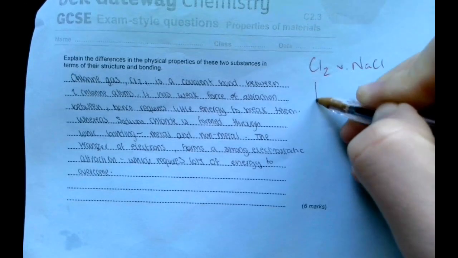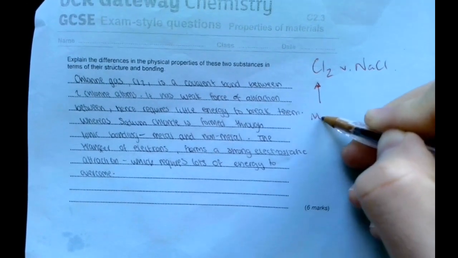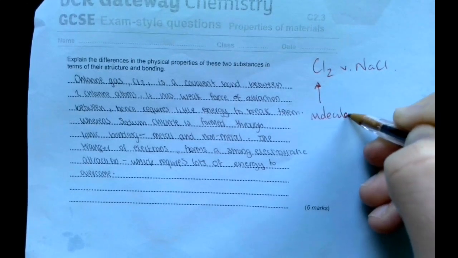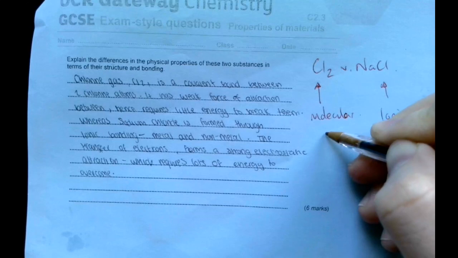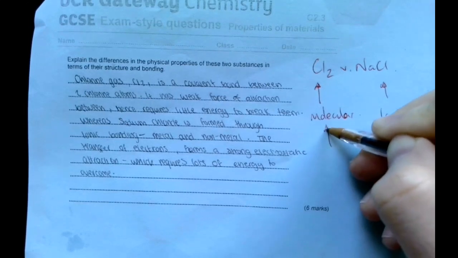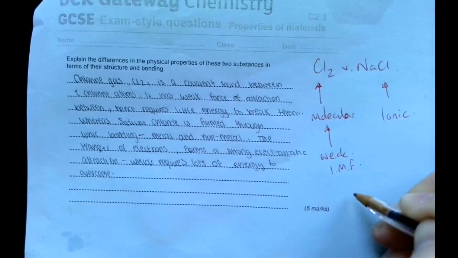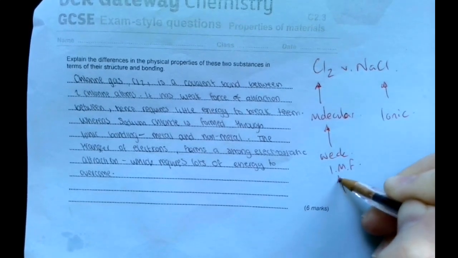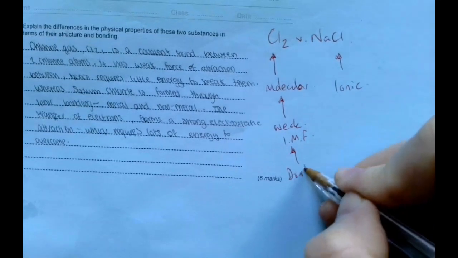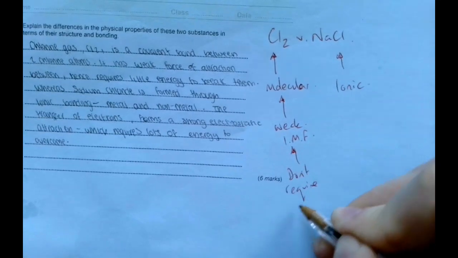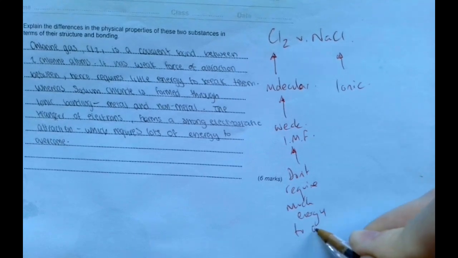Alright, so really what you should be doing here is saying that this is a molecule or molecular, this is ionic, and because it's molecular it's got weak intermolecular forces, and weak intermolecular forces don't require much energy to overcome.